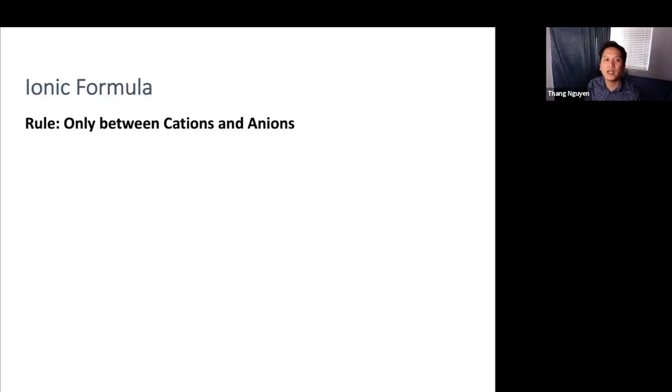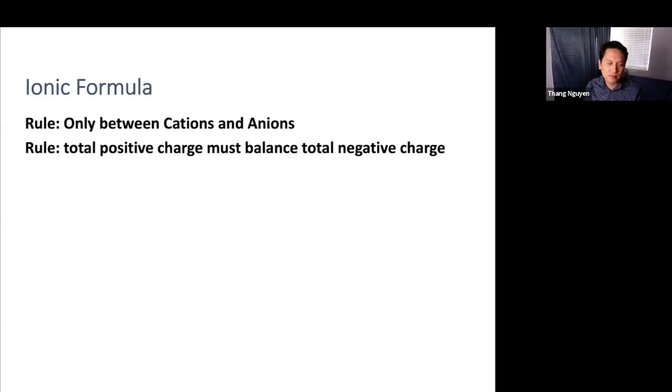There's a pretty good rule to follow. 2 main rules I want to focus on here: the first rule is it always happens between cations and anions. And cations are mostly metals and anions are mostly nonmetals. The second rule you want to follow is that you always want the total positive charge to balance out the total negative charge. They add up to become 0. That's neutral. Nature always wants to be neutral because that's the most stable.